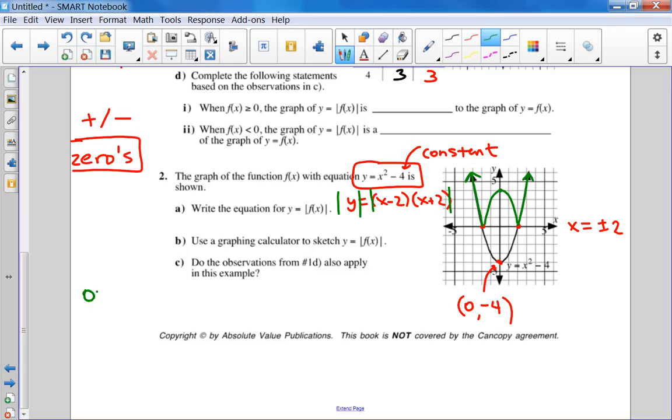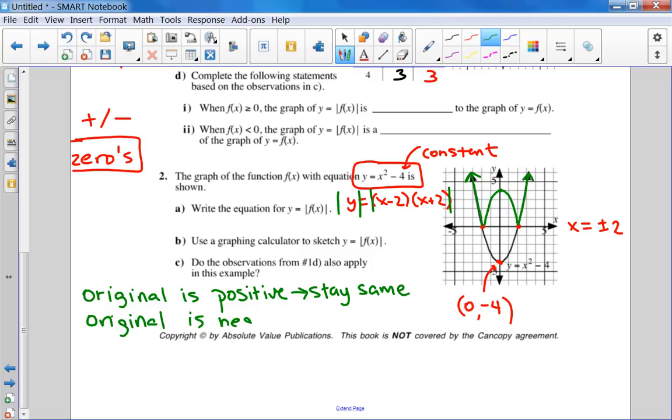Okay? So where the original is positive, stay the same. Where the original is negative, now you have a lot of options here. You can say reflect in x-axis.